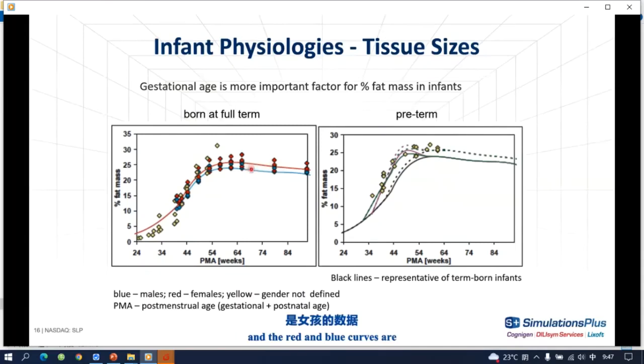And the red and blue curves are corresponding to the black, solid, and dashed lines on the plot on the right, where the data themselves, the points, actually represent preterm born babies. So you might be thinking, why are they to the left? It is because here that gestational age actually does influence how that fat mass is increasing. And in the babies born preterm, it's actually increasing a little bit faster than in the term-born children, up to about the 3 months where they come together and then continue developing at about the same rate.